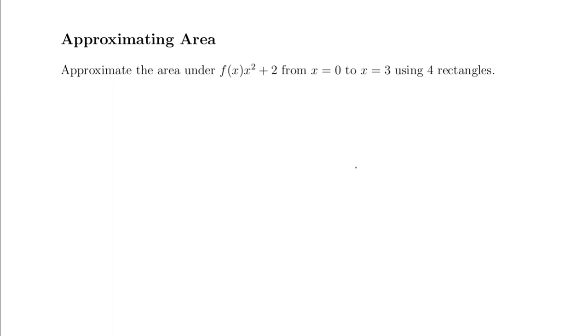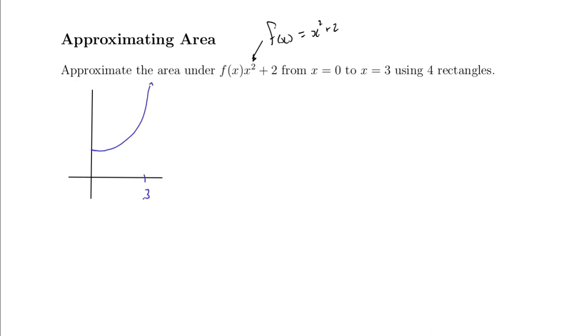I'm going to approximate this area, and again, I want to change this so that this is f of x. Oops, get rid of my straight edge shape here. This is f of x equals x squared plus 2. I'll draw this parabola again, just a portion of it, and I'll show you what I mean by saying use 4 rectangles.